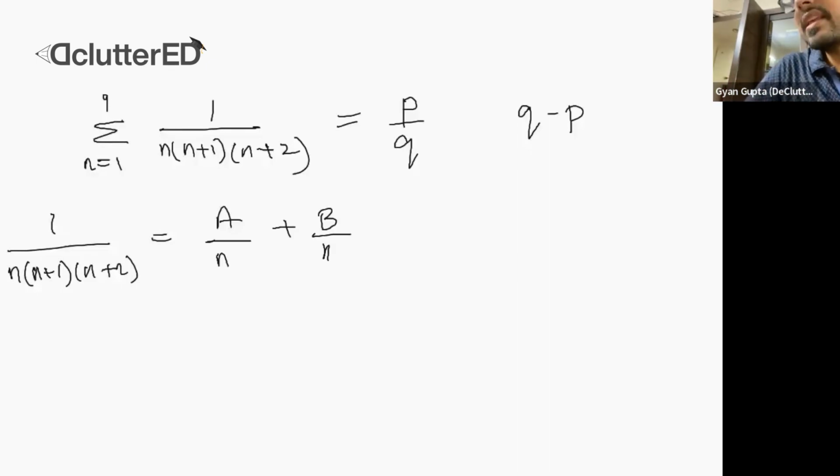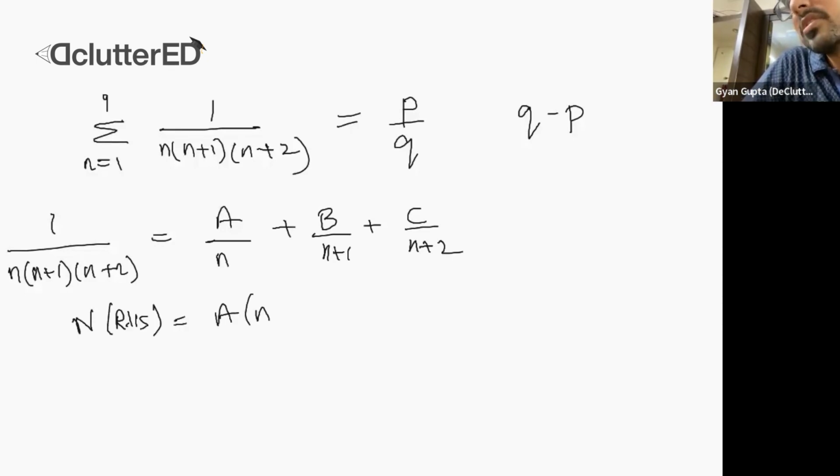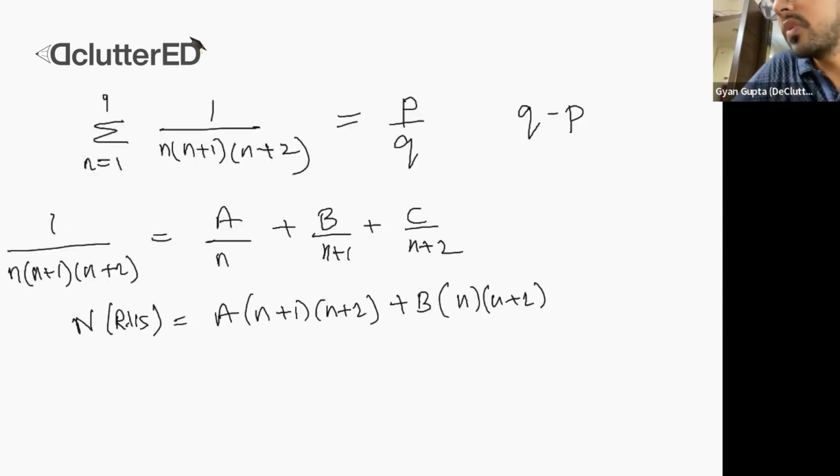Because when I take the LCM of the denominators, I will get nothing but the denominator of the RHS. The numerator of the RHS would be A into n plus 1, n plus 2, plus B into n plus 2, plus C into n plus 1 into n, which is equal to 1.